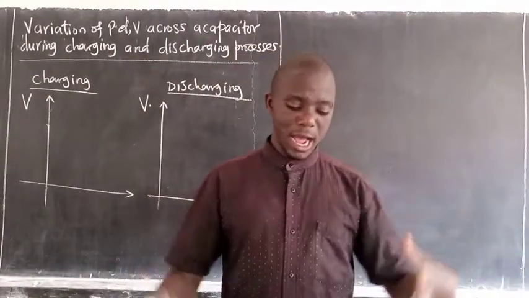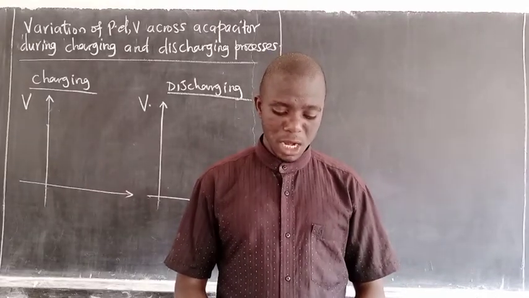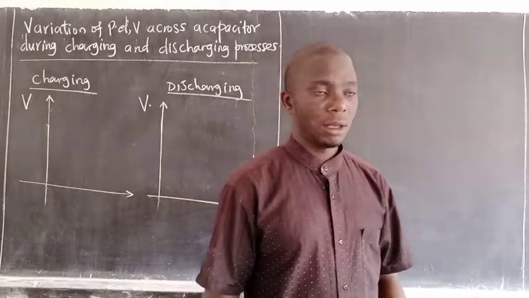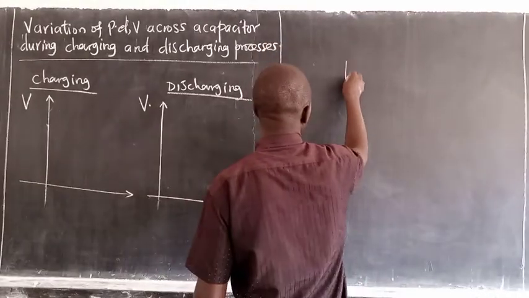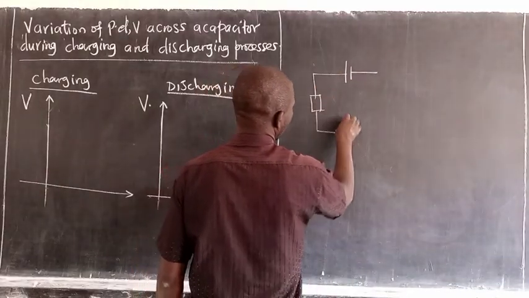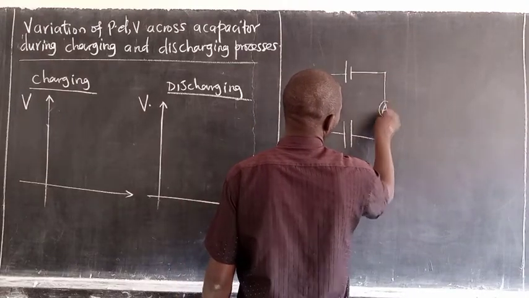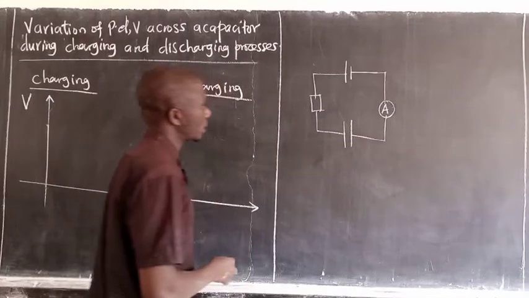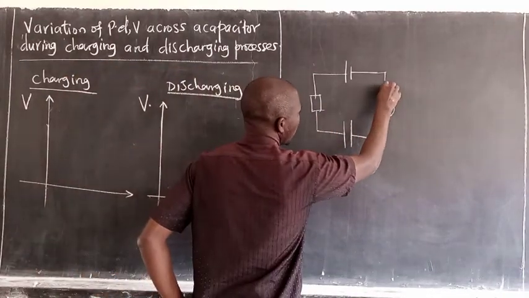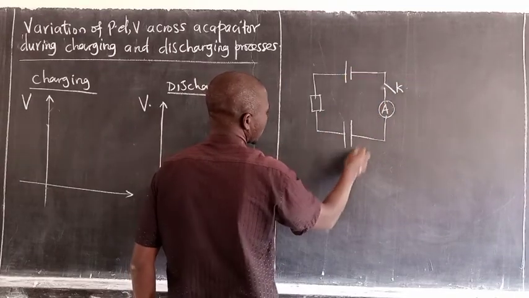And as we said, as the charges pile on either plate, the PD across them keeps on increasing. Then we had to put a current measuring device. So as you connect them, maybe you had a switch here which you connect, so electrons move from this and they pile up.